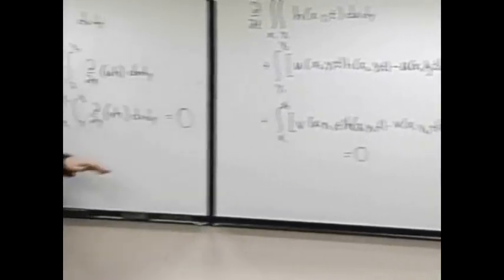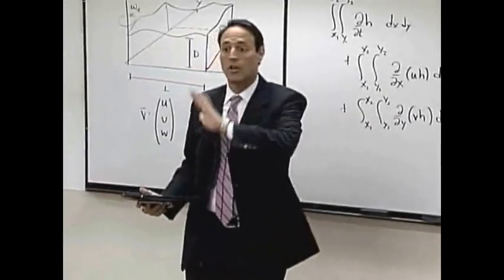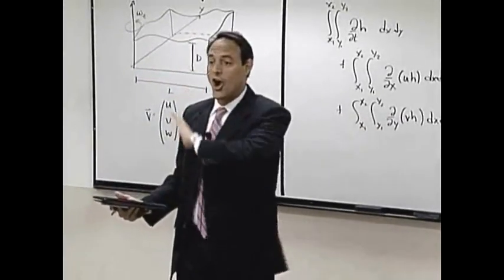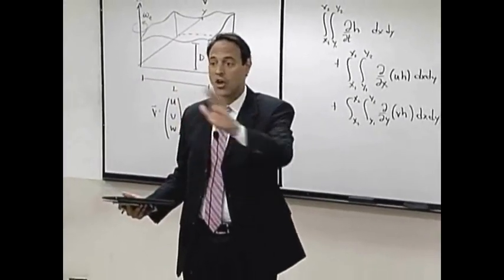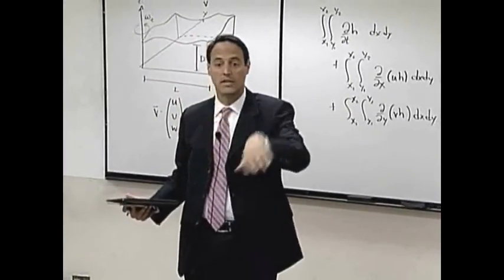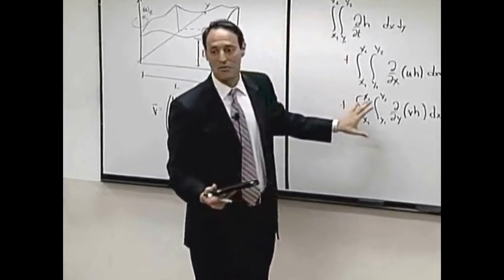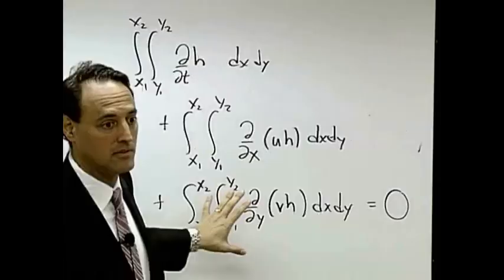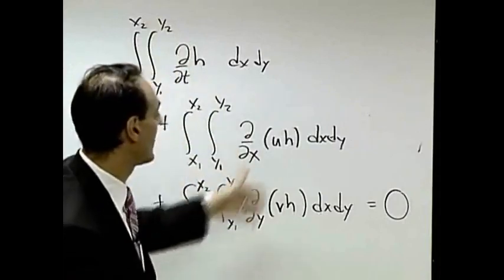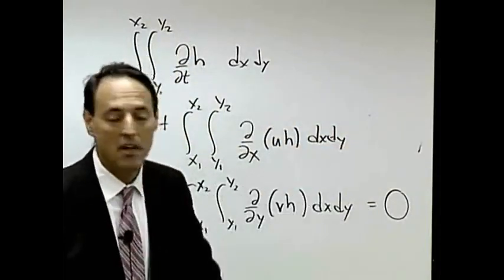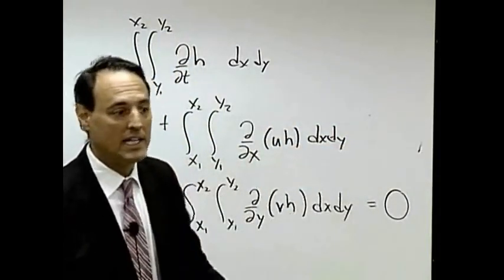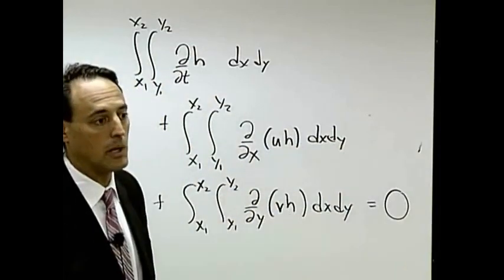Now notice, this has to hold for all t, all x1 and x2, y1 and y2, all of it. Now notice they're all integrated over the same thing. And the only way this can add together to 0 for all t, for all x, for all y, is if the integrand is equal to 0.